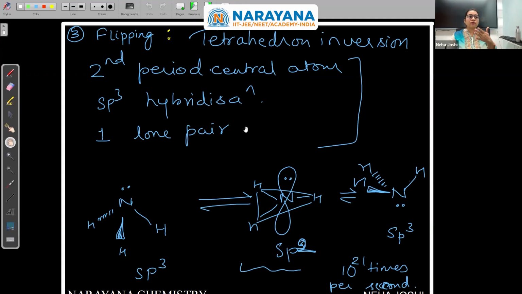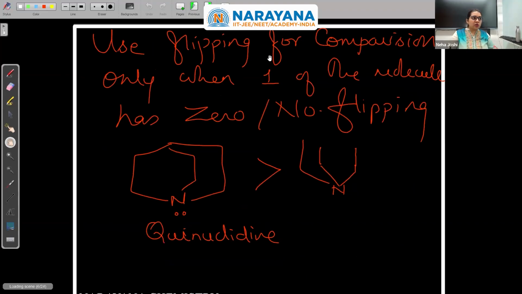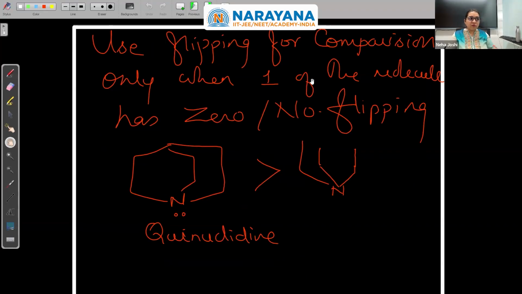When should we use flipping for comparisons? Only use flipping in a question when one of the molecules has zero or no flipping and the other has flipping. Never ever use flipping for molecules where one is having more and one is having less. That is of no importance and that will always mislead you. Use flipping for comparisons only when there is inhibition, or I should say stoppage, of the flipping.